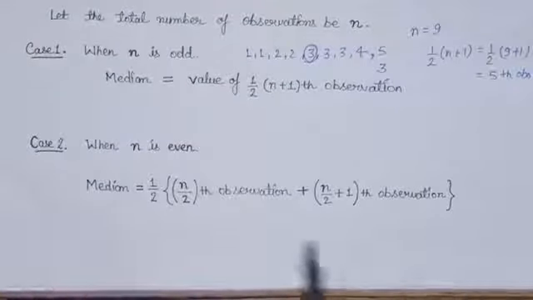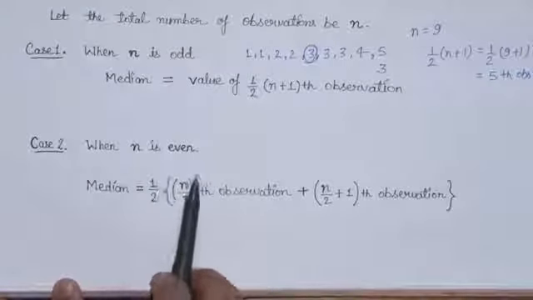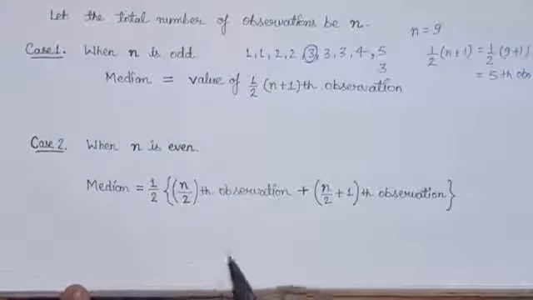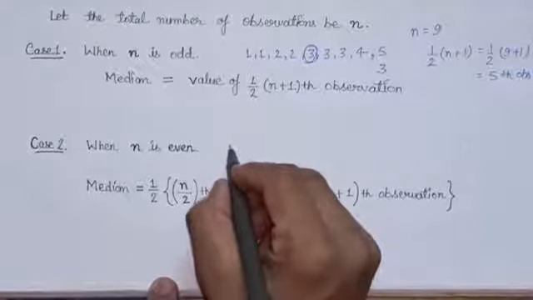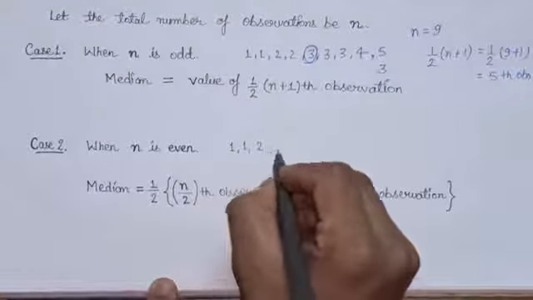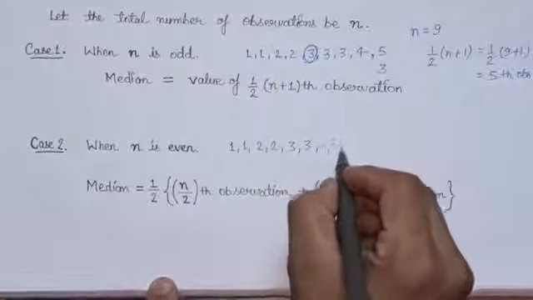Now let us see the second case, when n is even, which means the number of observations in the given data is even. Let us take one more example: 1, 1, 2, 2, 3, 3, 3 and 4.